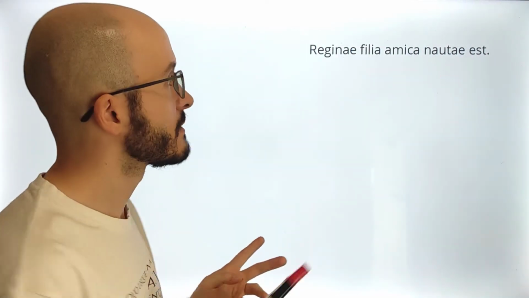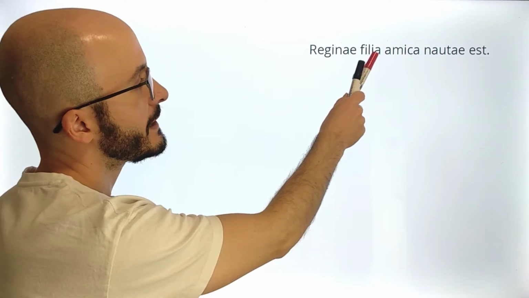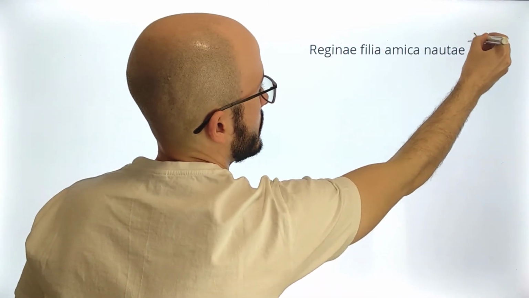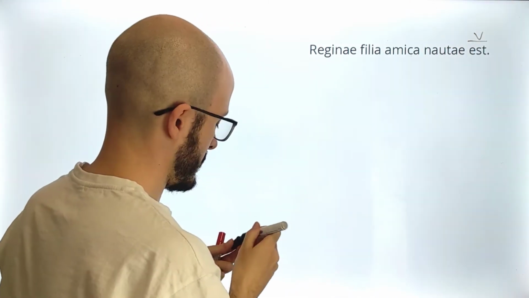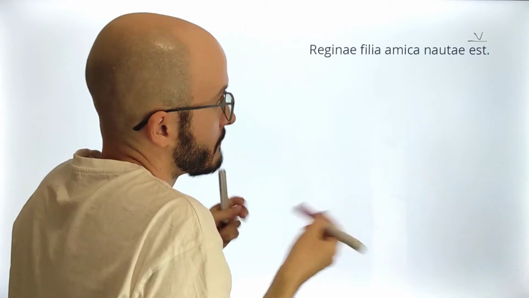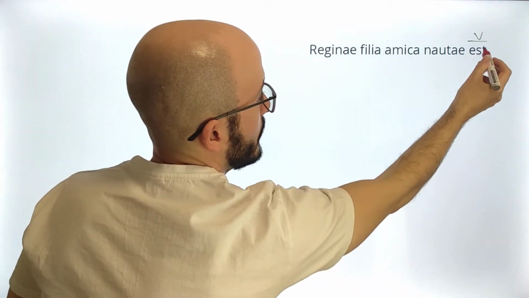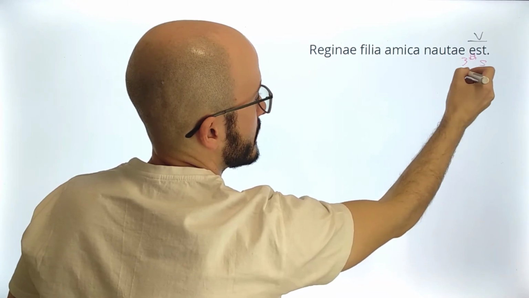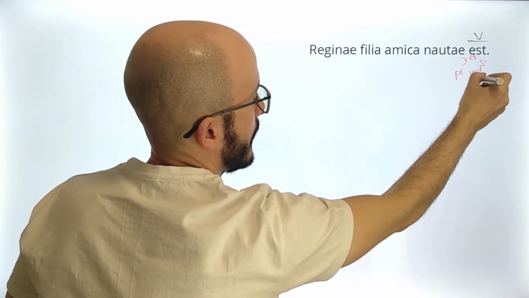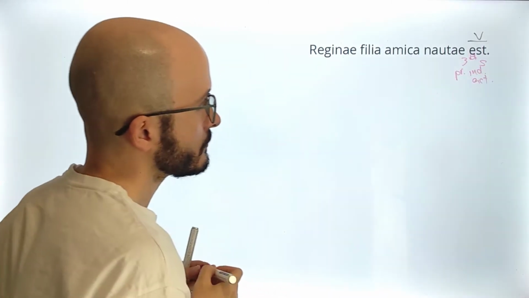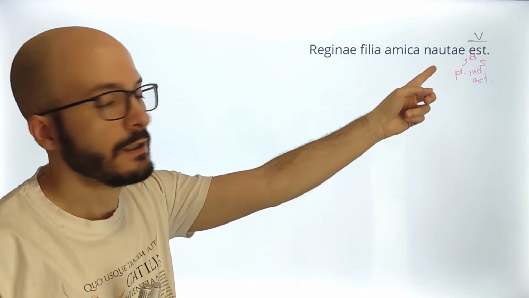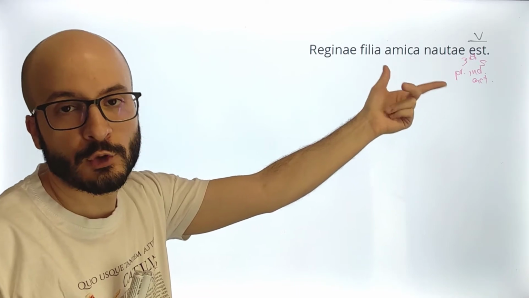The next sentence: reginae filia amica nautae est. Here we have the verb, which happens again to be the last word of the sentence according to the general rule, and we analyze it. Third person singular, present, indicative, active. Now, how do we make a sentence with the verb sum, the verb to be?